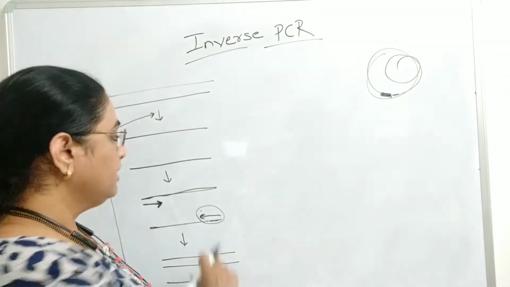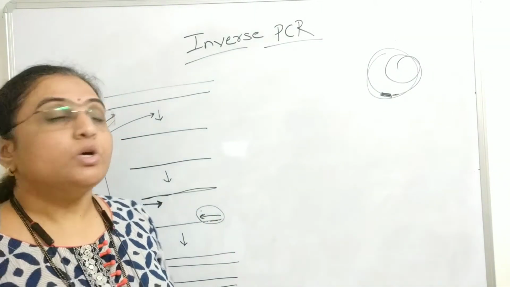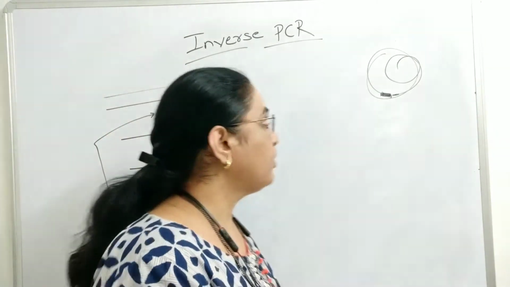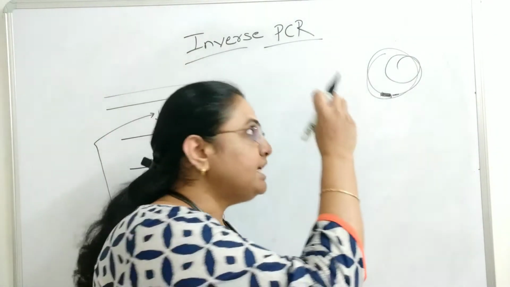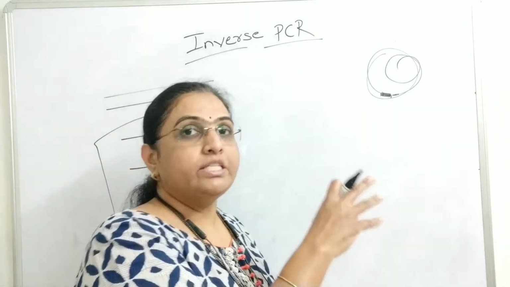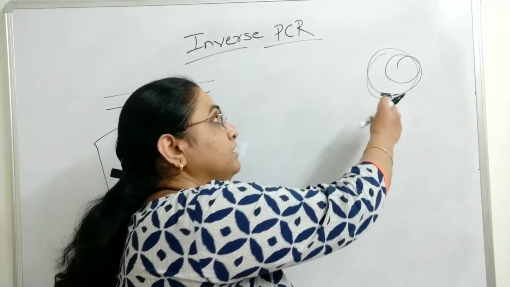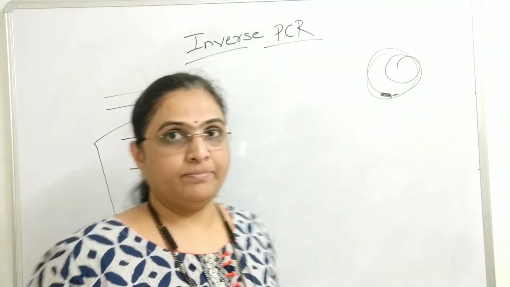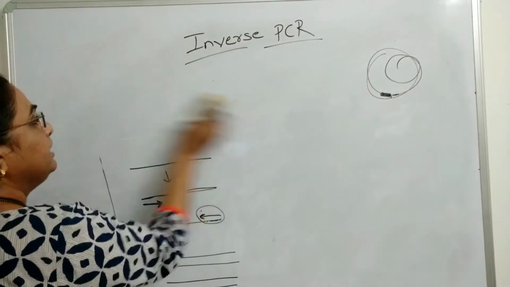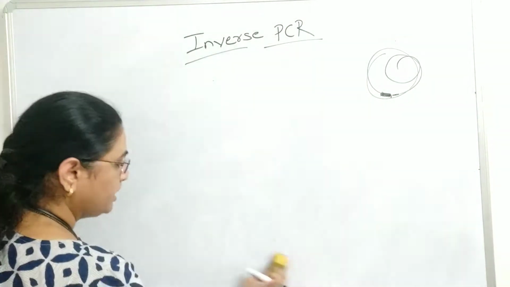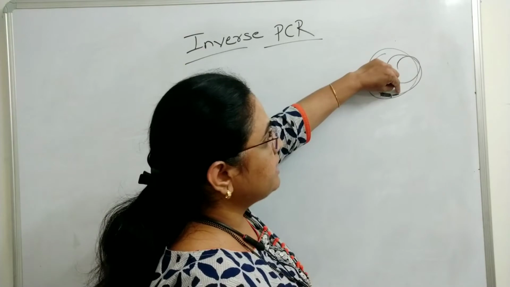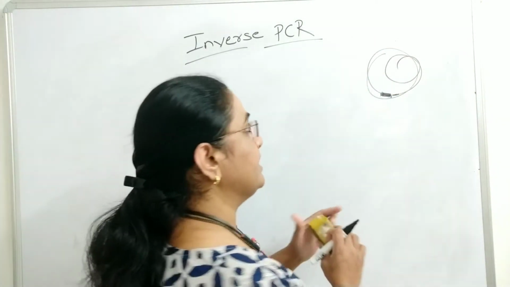So for the designing of the primer, there is a need of the known DNA sequence which is adjacent to the unknown DNA sequence. So here there is this unknown DNA, and with that there is a known DNA sequence.